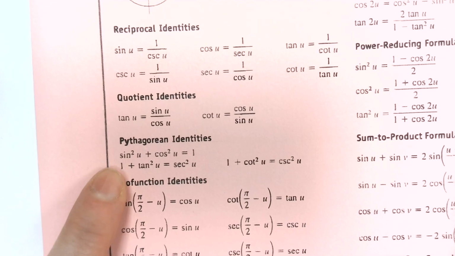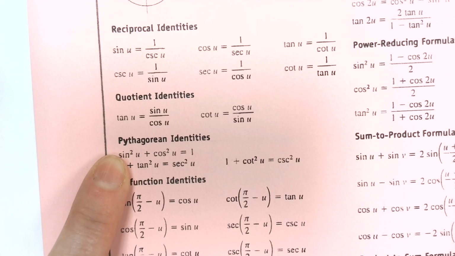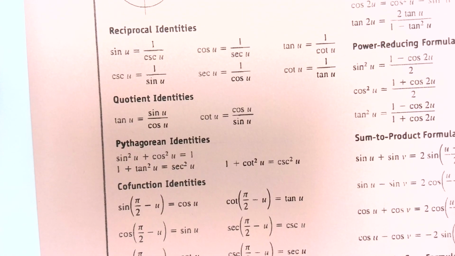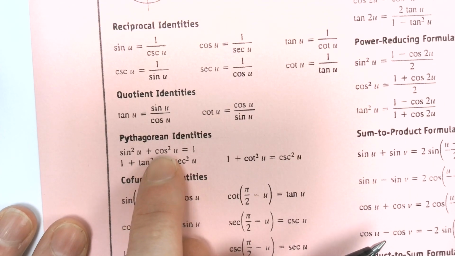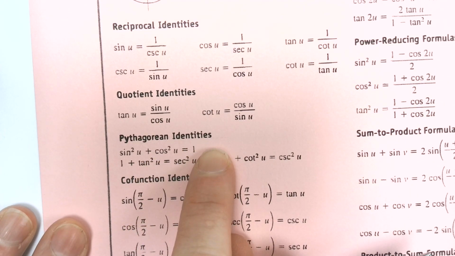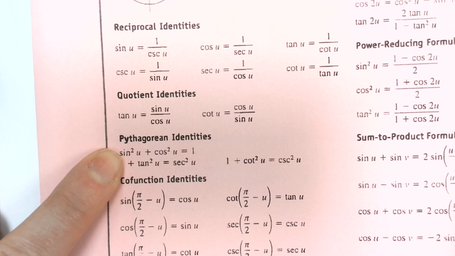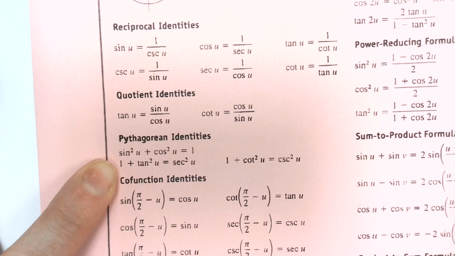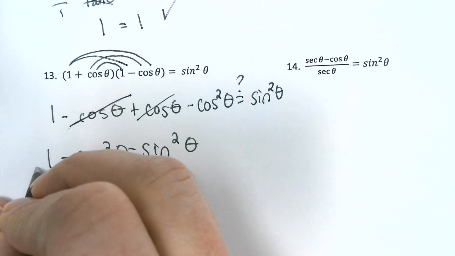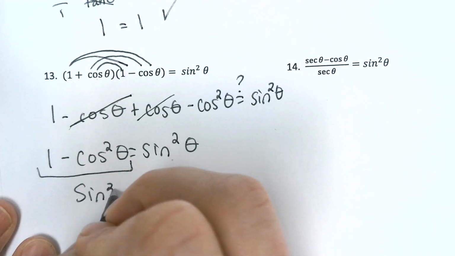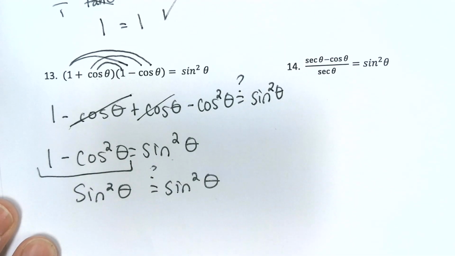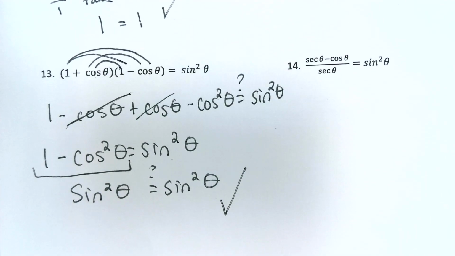Sine squared u plus cosine squared u equals 1. If I subtract cosine squared theta on both sides, then that would equal sine squared theta. So 1 minus cosine squared theta is sine squared theta. Which, that is true.